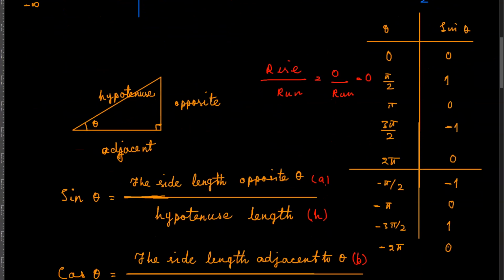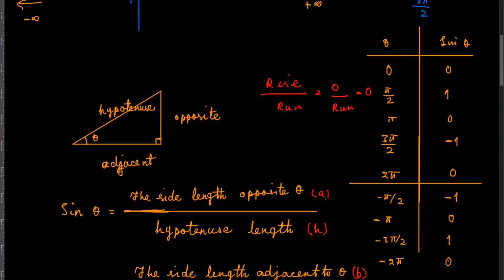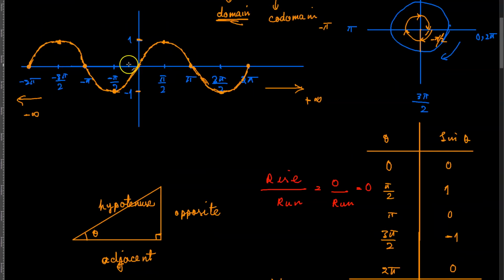And now let's go back and find the trigonometric ratios of, for example, 0 for the sine function, and we have to go all around the circle and find the trigonometric ratios of the sine function.